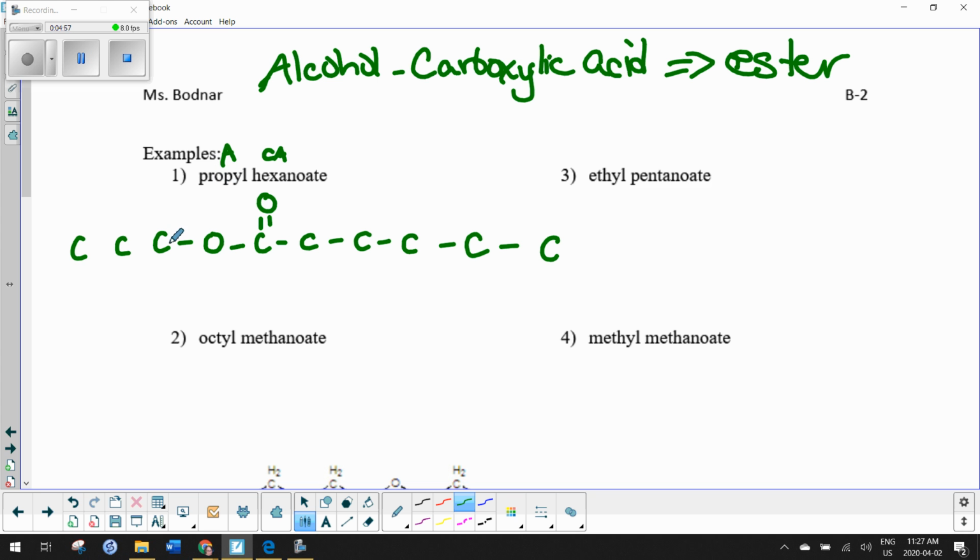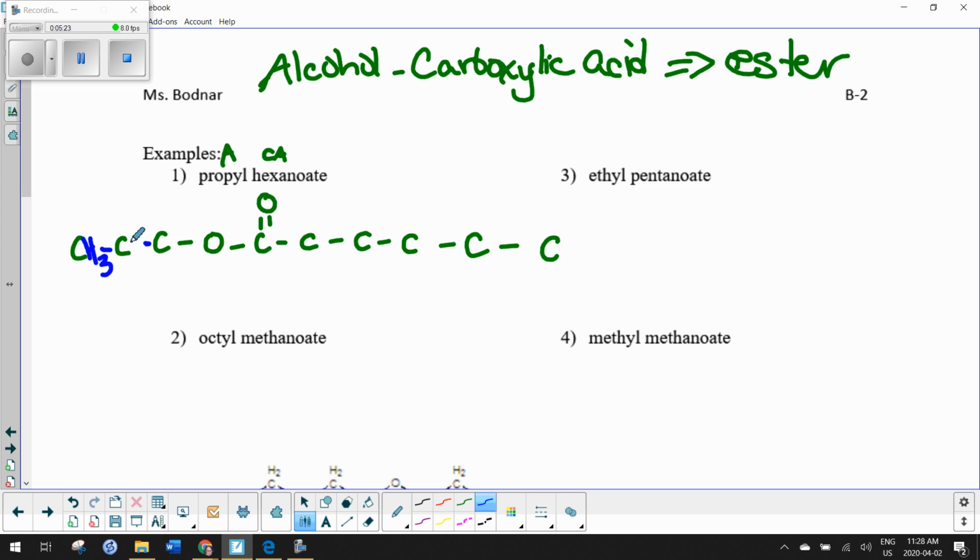So the propyl is 1, 2, 3, hex means 2, 4, 6, and oate tells me I have my double bonded O and single bonded O in the middle of the compound. Now you just add in your hydrogens to balance out the necessity for carbon to have 4 bonds. This carbon has 1 already, so it needs 3 more.